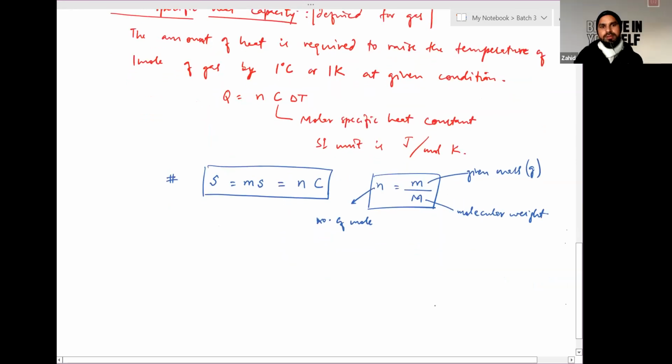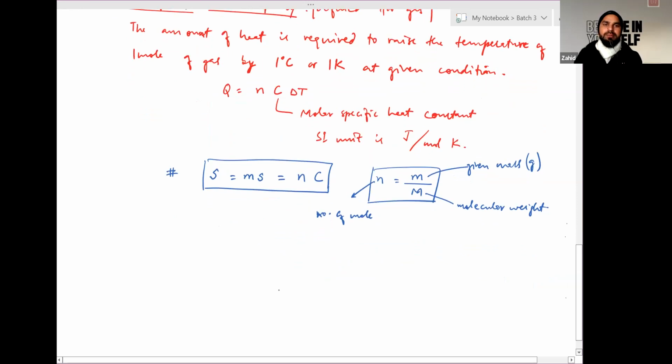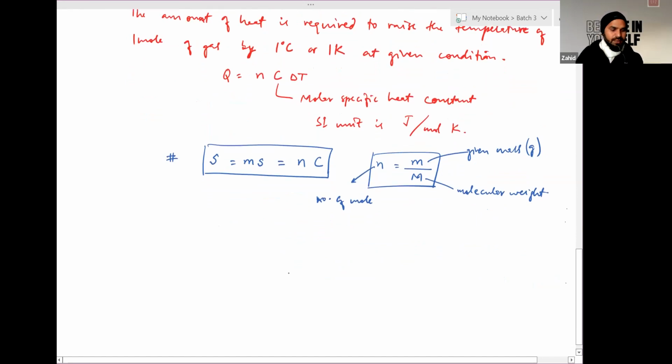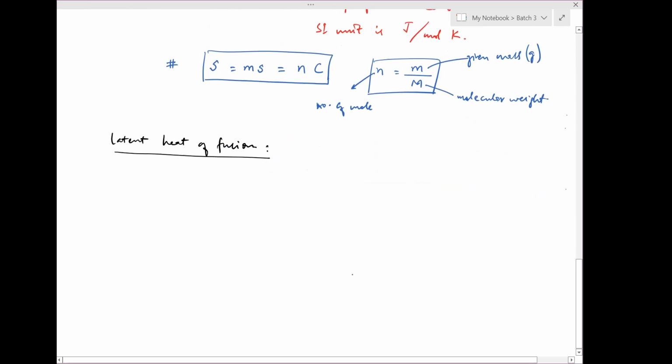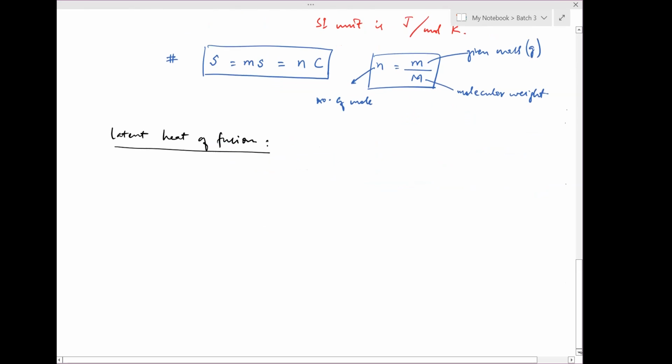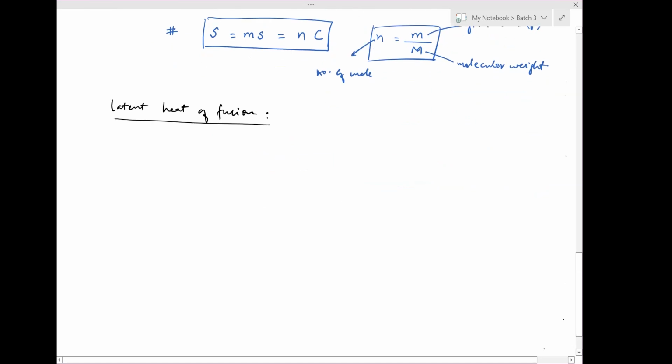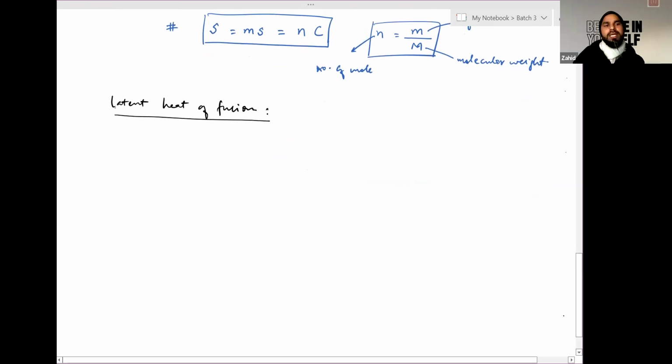Okay, so this is all about how to change the temperature of a given substance, and we defined different constants related to that. Second, if you have to change the state of a particular body, we may define first the latent heat of fusion. You must have learned about it in class 9th. Latent means hidden.